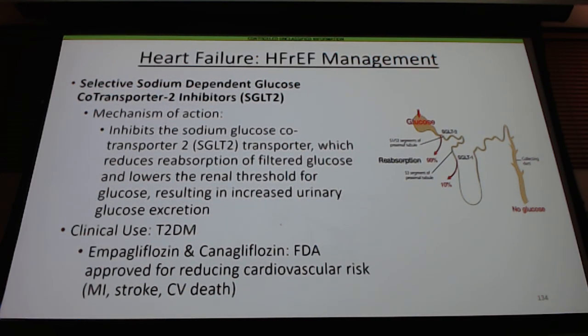Then we talk about SGLT2s, and these are even in your non-diabetics. There is a mortality benefit that is associated with these, and I would also add the GLP-1s. New literature has shown GLP-1s are also good for reducing mortality and have basically similar outcomes as the SGLT2 inhibitors do.